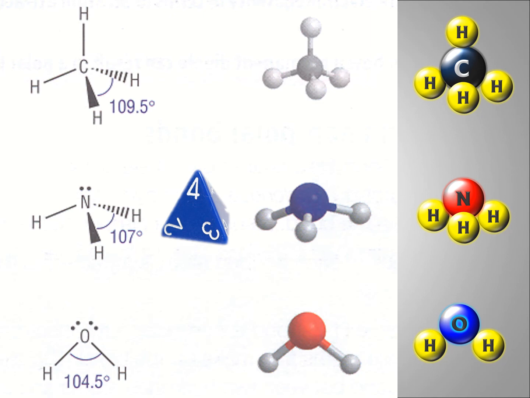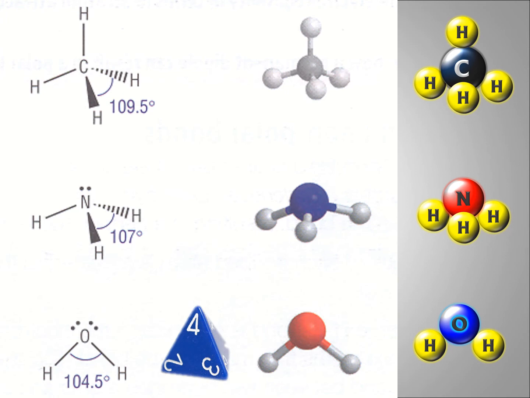And of course, they push each other as far apart as they can. But again, like we saw in the water molecule, that pair is closer in to the nitrogen. It has a greater repulsive effect. And so it winds up squeezing those bonds a little bit closer than they would have been in a tetrahedron, down to 107 degrees.